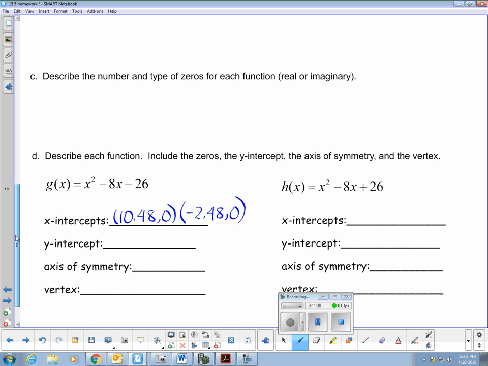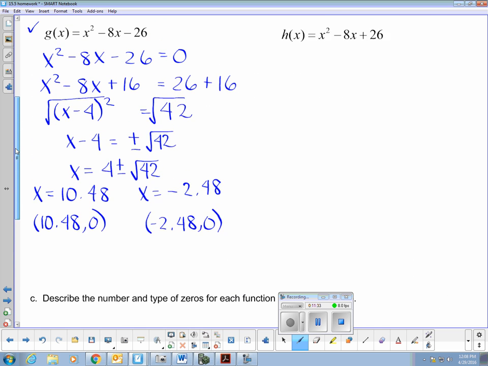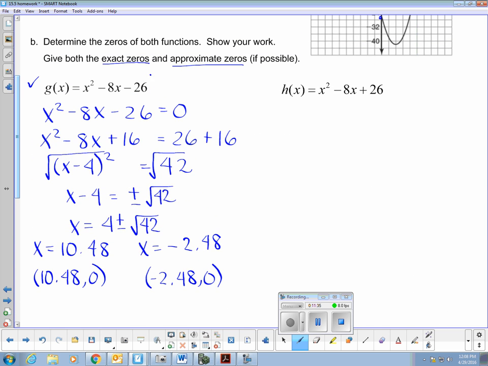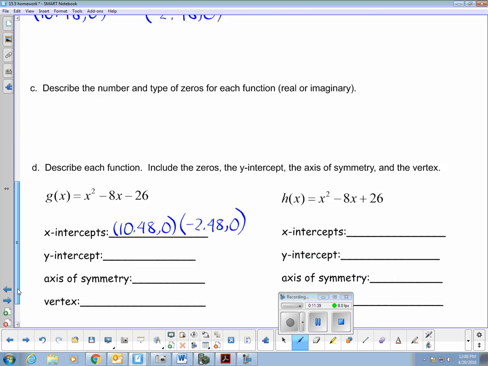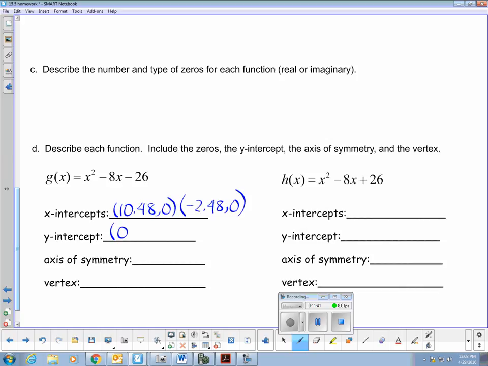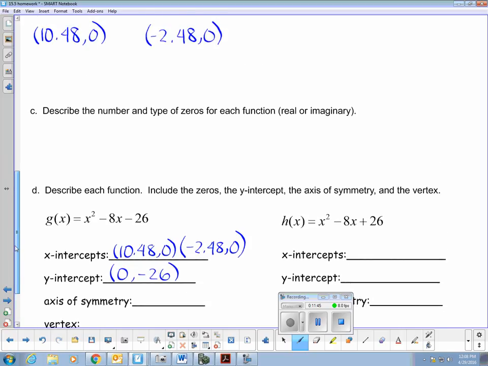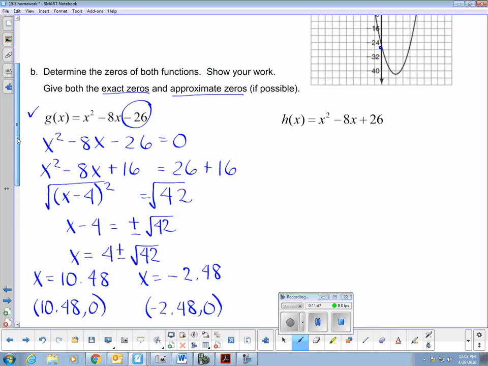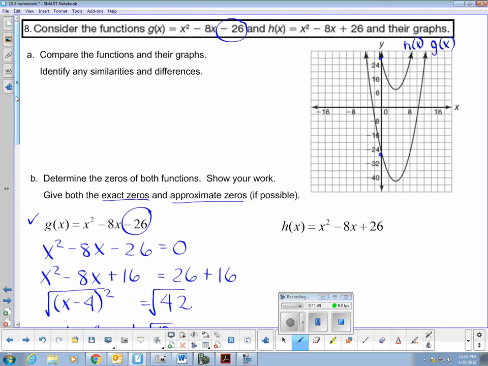The y-intercept, if I take a look back up at my original equation, my y-intercept is at 0, negative 26. My axis of symmetry for both equations is x equals positive 4.